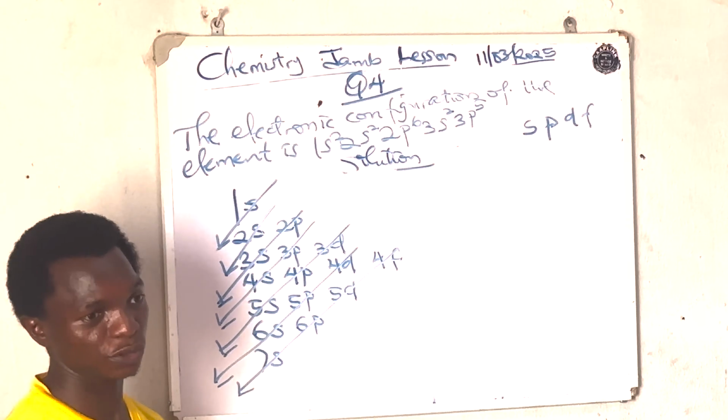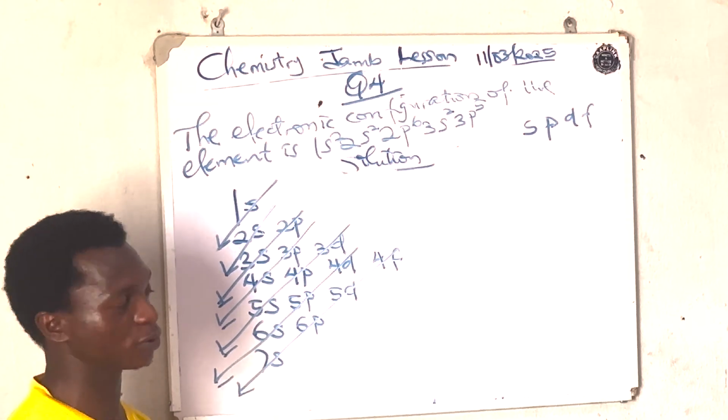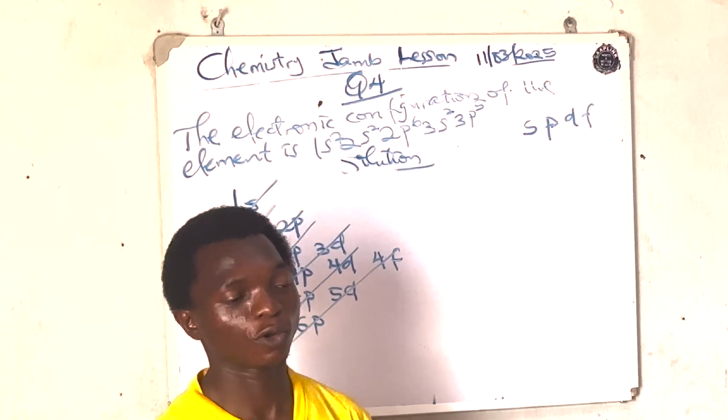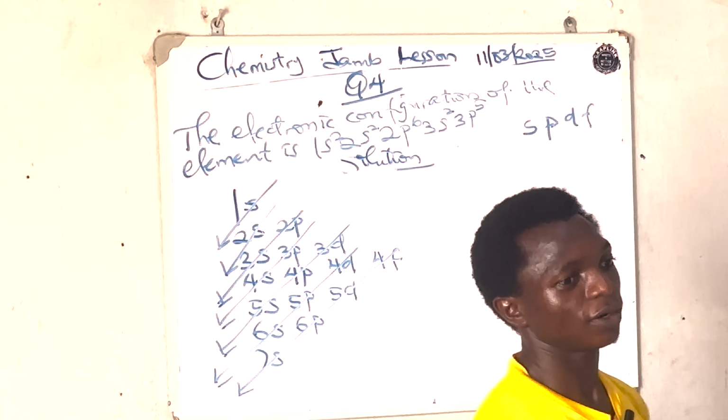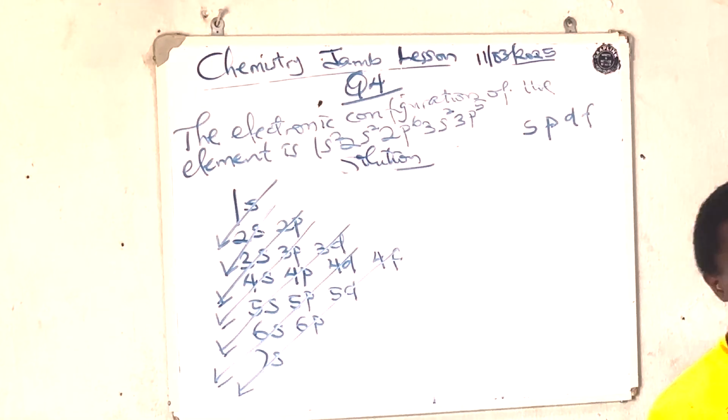The last question that we are going to take asks us to calculate the oxidation number of sulfur in the compound tetraoxosulphate VI. What is the compound, or why is it called tetraoxosulphate VI?